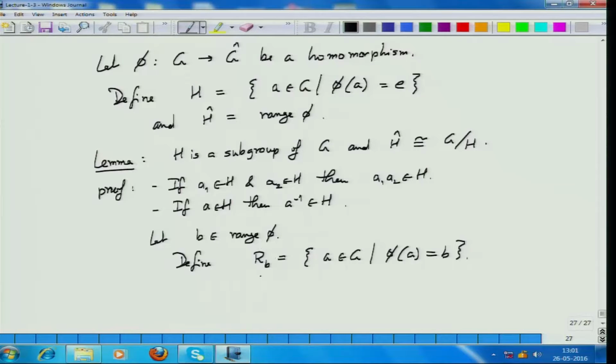I want to show that this RB is one of the equivalence classes of G when quotiented with H.